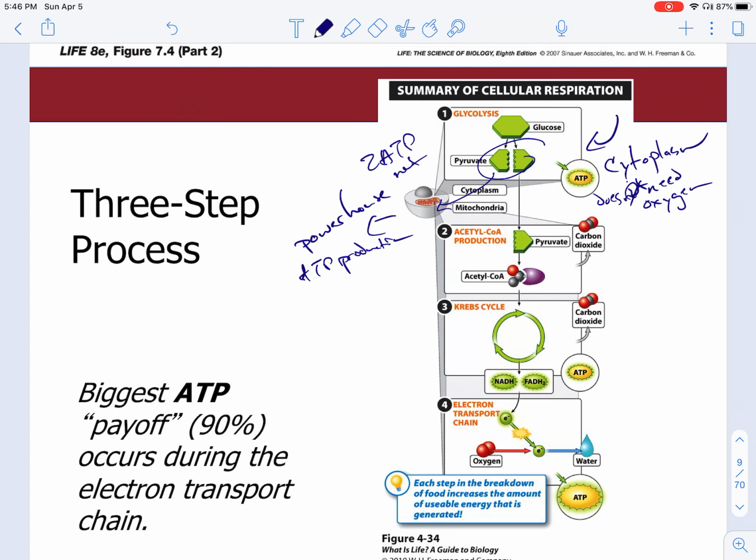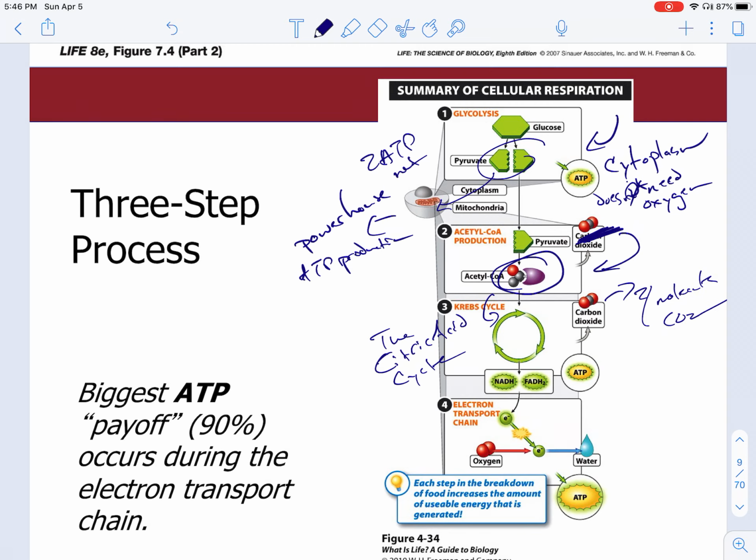And so the pyruvate will go to form acetyl-CoA units, so it'll be broken down. This is where carbon dioxide is first produced. The carbon dioxide that we breathe out is first produced during the production of acetyl-CoA, and then those acetyl-CoA molecules feed into the citric acid cycle, or the Krebs cycle, where you produce the other, in this case, 4 molecules of CO2.